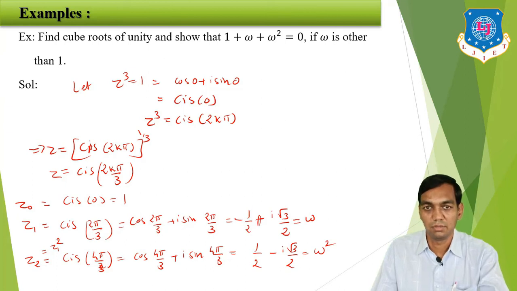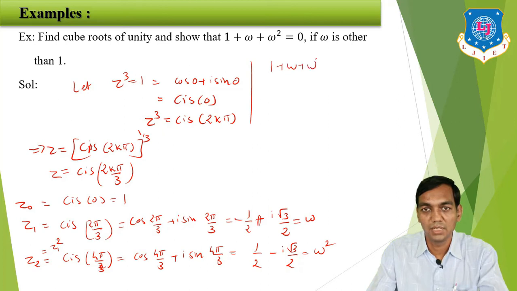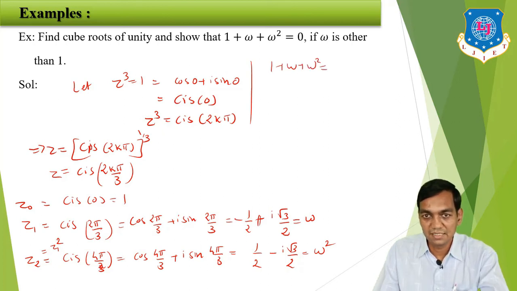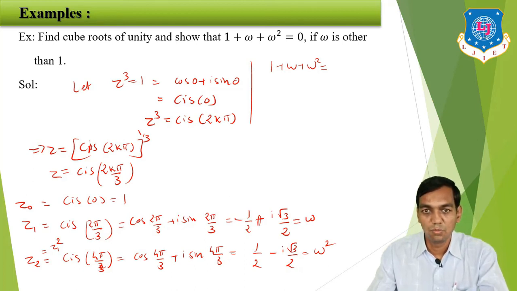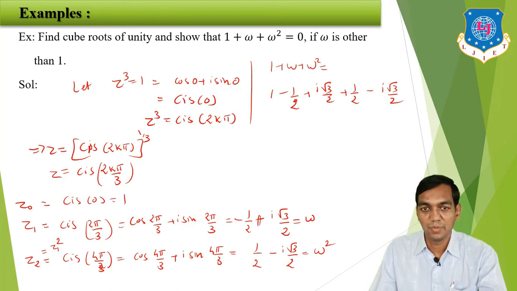Check it out. Okay, so if you are writing 1 plus omega plus omega square, and you are saying this is omega, then this will be omega square. Then 1 minus 1 by 2 plus i root 3 by 2 minus 1 by 2 minus i root 3 by 2.